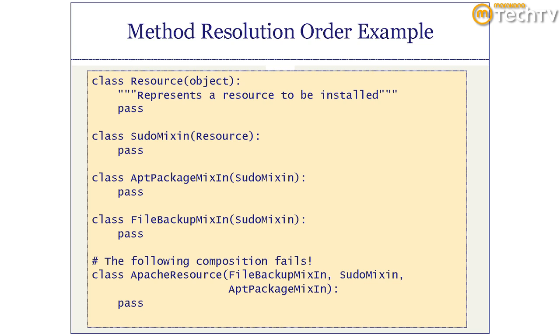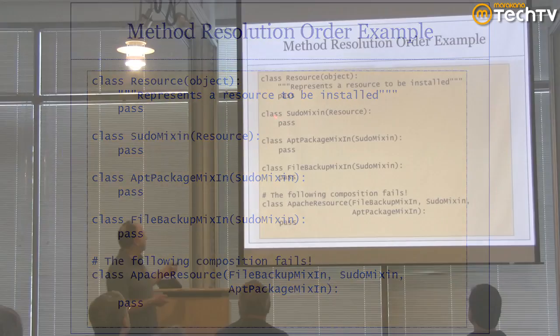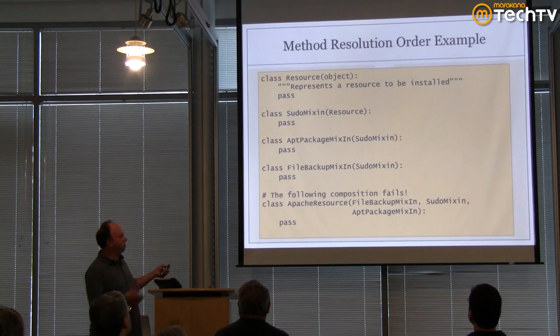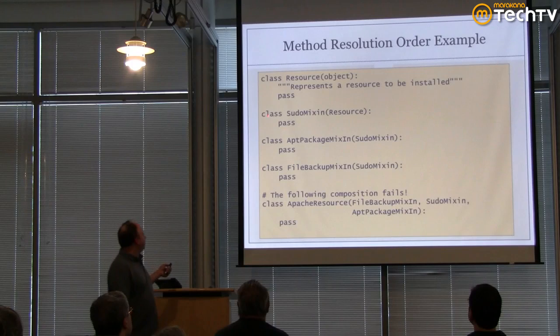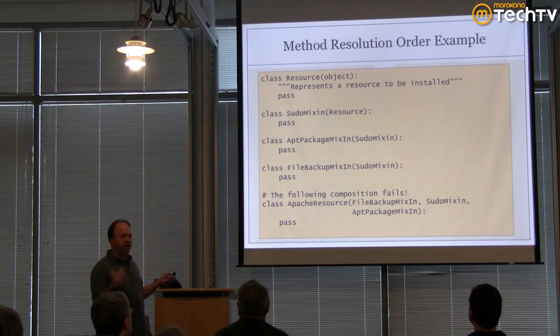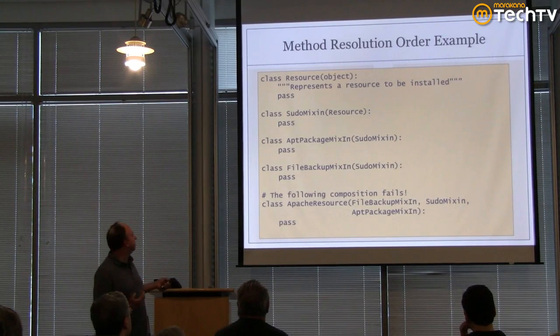I'm obviously ignoring all the details of the methods of the classes, just for the example. This one is where I need SUDO access to do the installation. There's a particular mixin that has methods defined for doing that. And if I'm using something that's going to use the apt package manager, there's a mixin for that. To use that, I actually need SUDO access, so I'm inheriting from the other mixin.